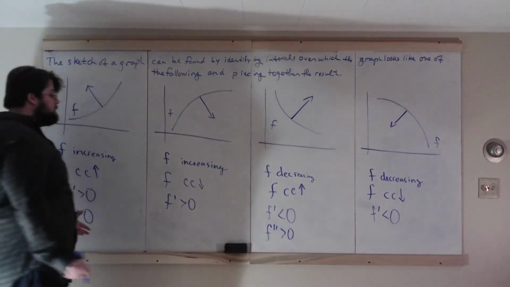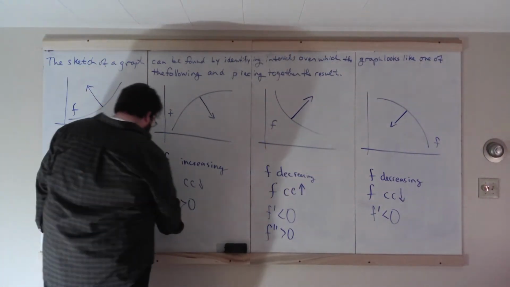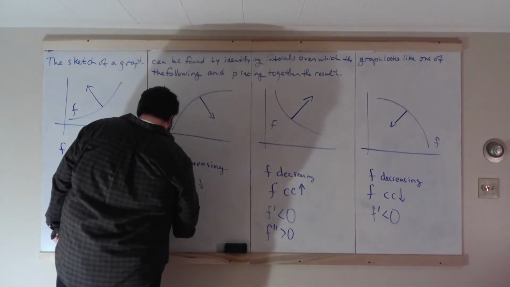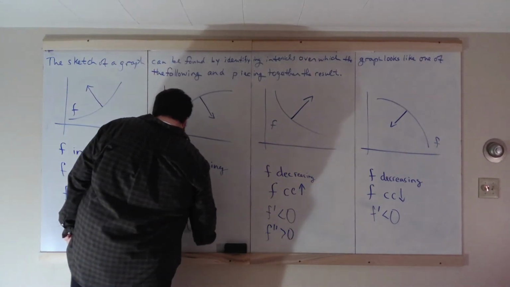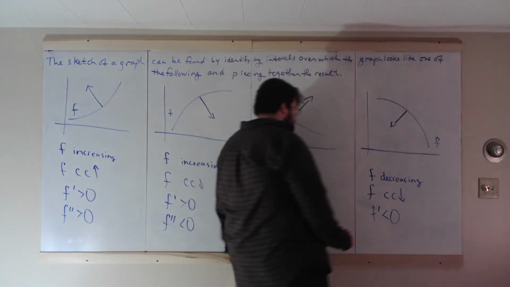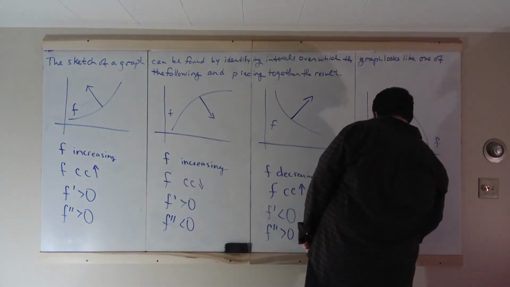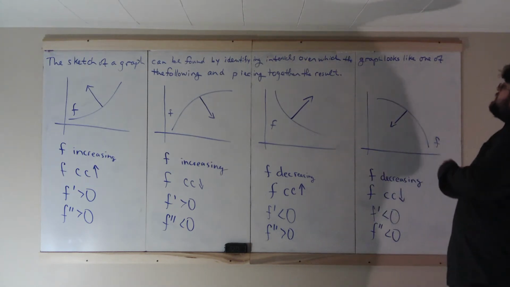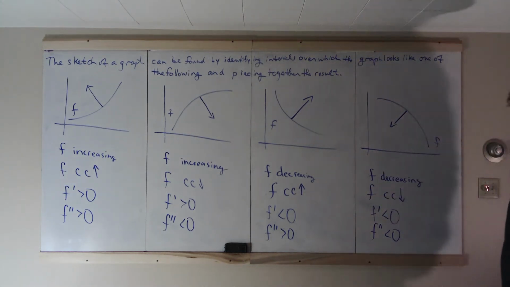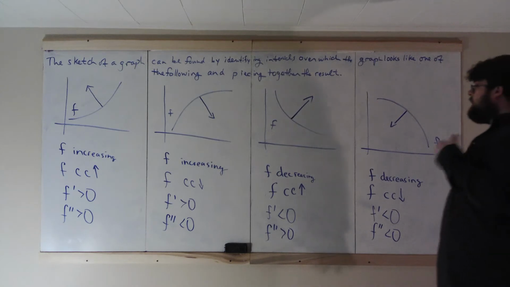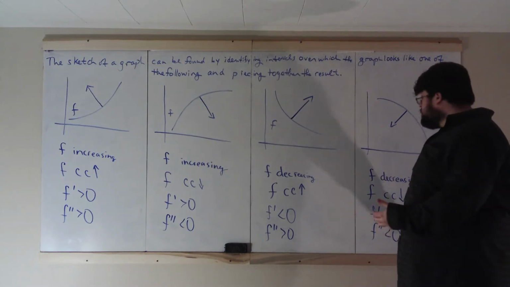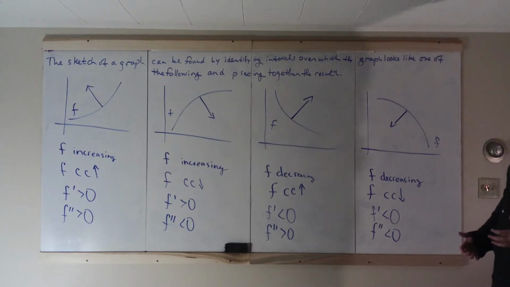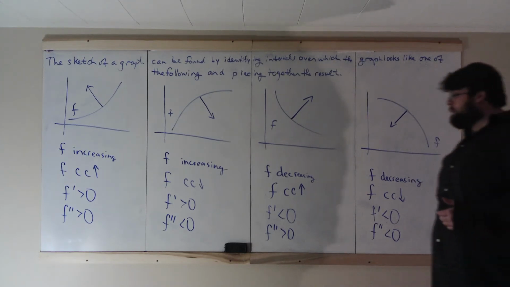And if the function is concave down, the second derivative is negative, and we fill that in over here as well. Decreasing, down, negative, negative. So our goal is going to be to identify intervals on which the first derivative is positive and the second derivative is positive, and the negatives as well.